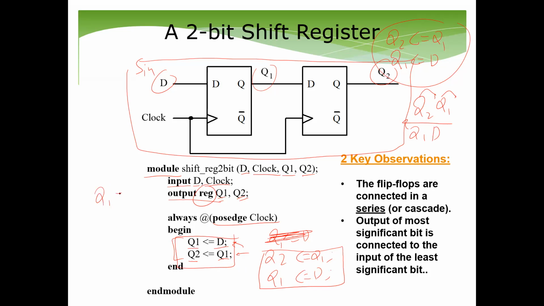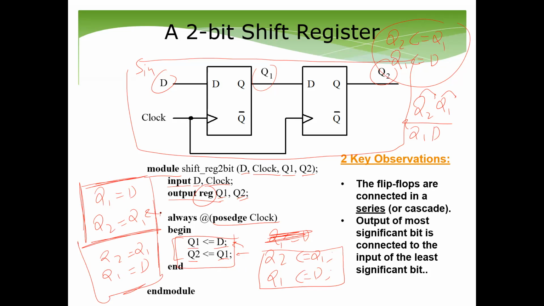If I write Q1 equal to D, Q2 equal to Q1, this and this are not going to be the same. If you use blocking assignments here, these two will not be the same. So always remember to use non-blocking assignment unless you know what you want.